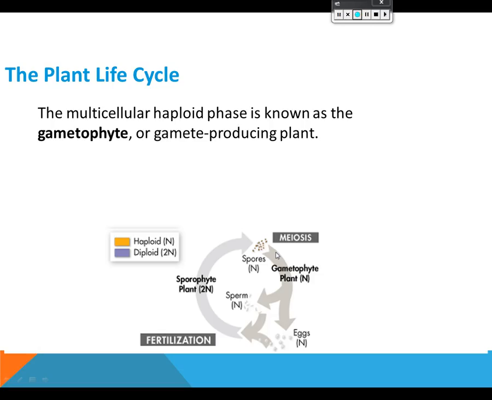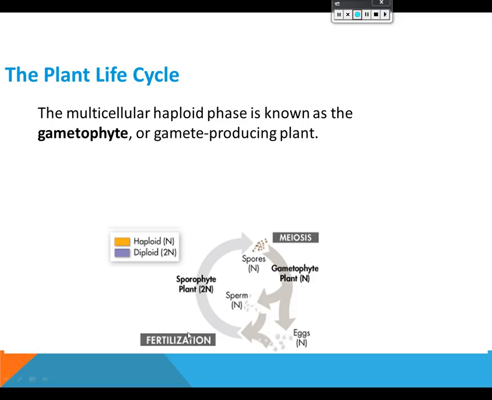because they're going to contain the gamete producing part of the plant, the flower, that is going to contain the sperm and or the egg. So when we see the plant during that phase, it's the gametophyte phase of the plant.